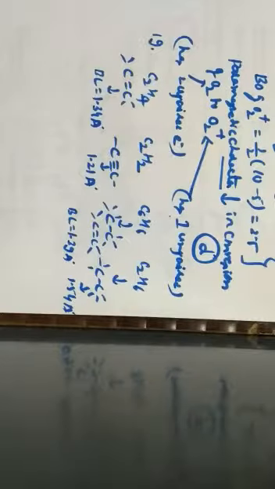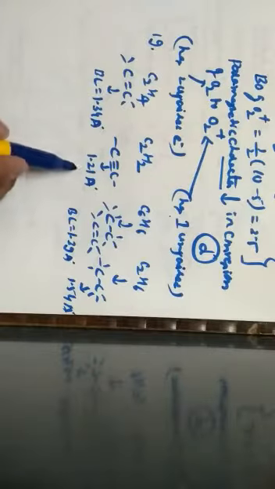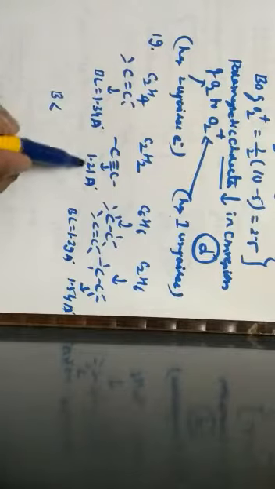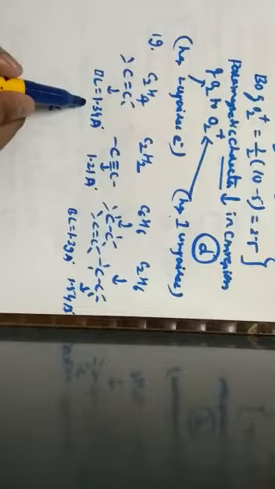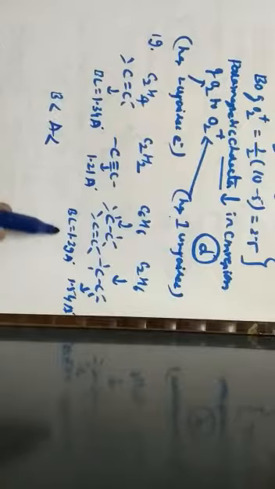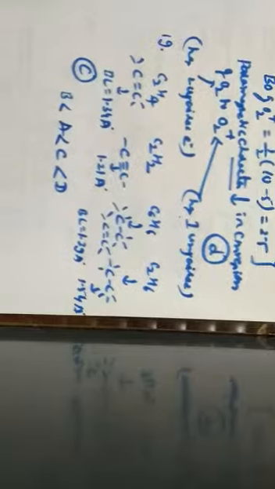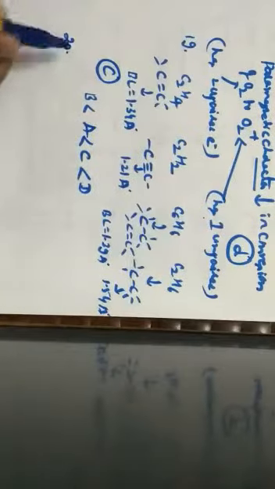In increasing order, first is 1.21, which is given by option B, followed by 1.34, which is A, followed by 1.39, which is C, followed by 1.54, which is D. Hence the correct option for the given question is option C, that is B < A < C < D. Next one, question number 20.